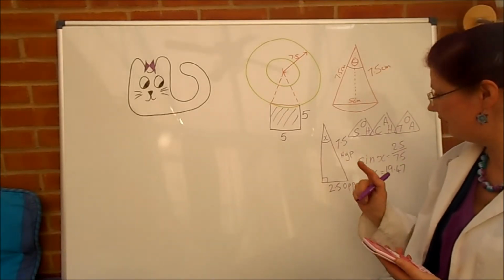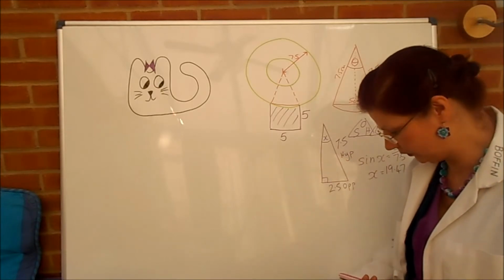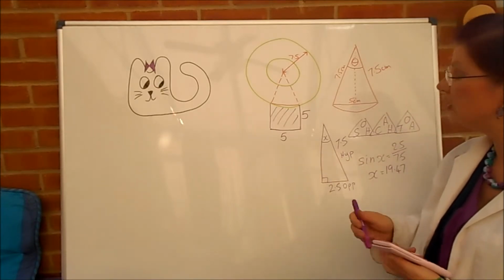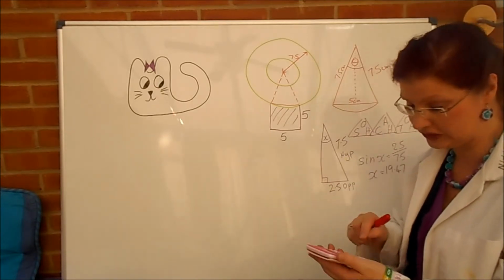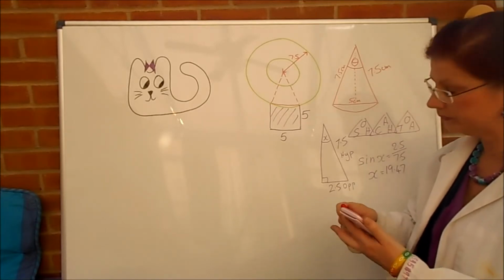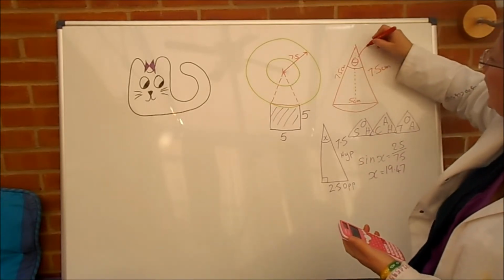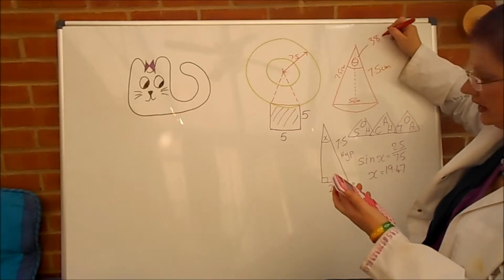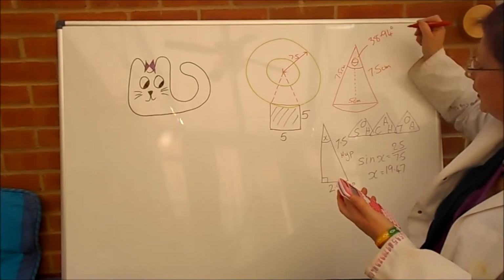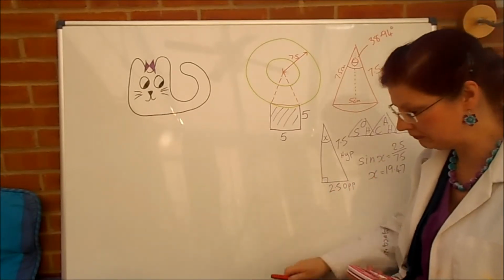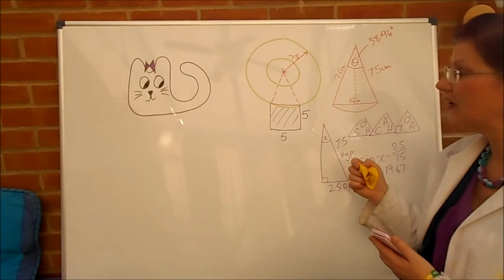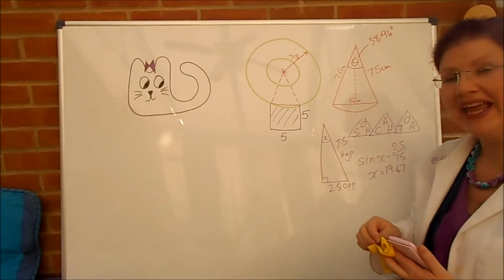Okay, so that gives me an angle of just over 19 there. Of course, I don't want that bit, I want to double it for mine at the top. Don't forget to do that, so times by 2 equals. Gives me an angle up here of 38.94 degrees.